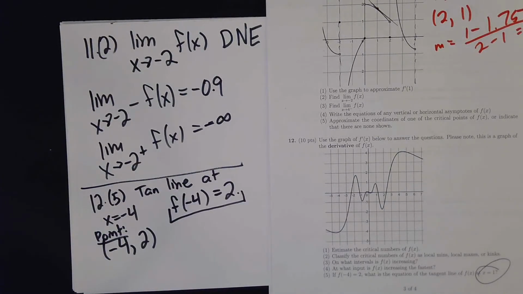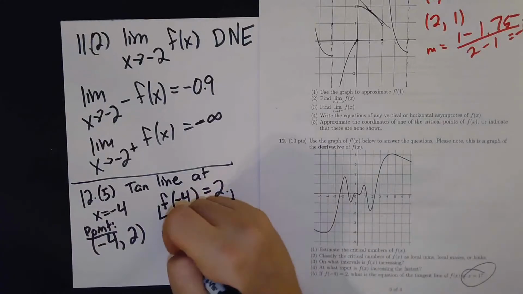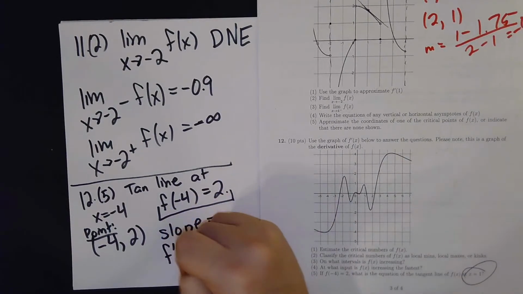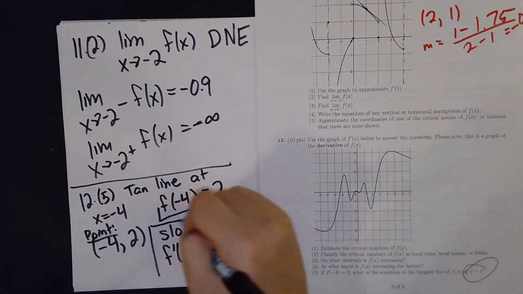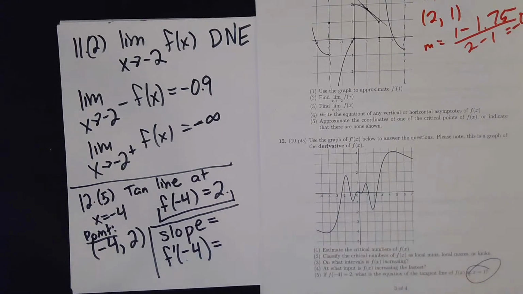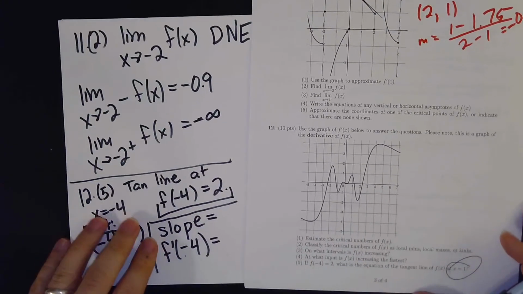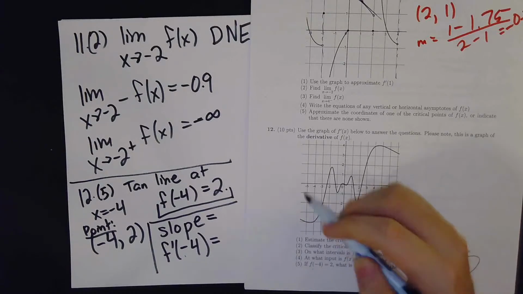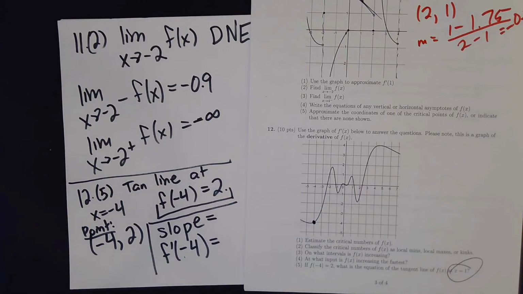So the only thing I need is the slope, and remember that slope is going to be f prime of minus 4. I can find that because I'm given a graph of the derivative, and that point right there tells me that f prime of minus 4 happens to be minus 4.